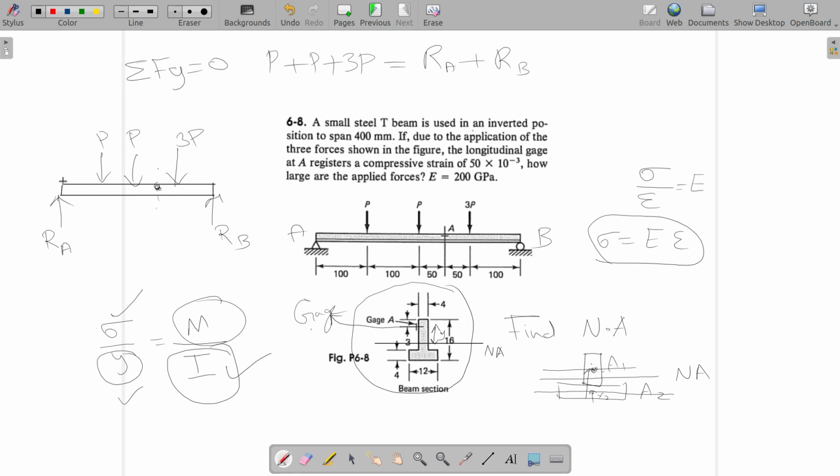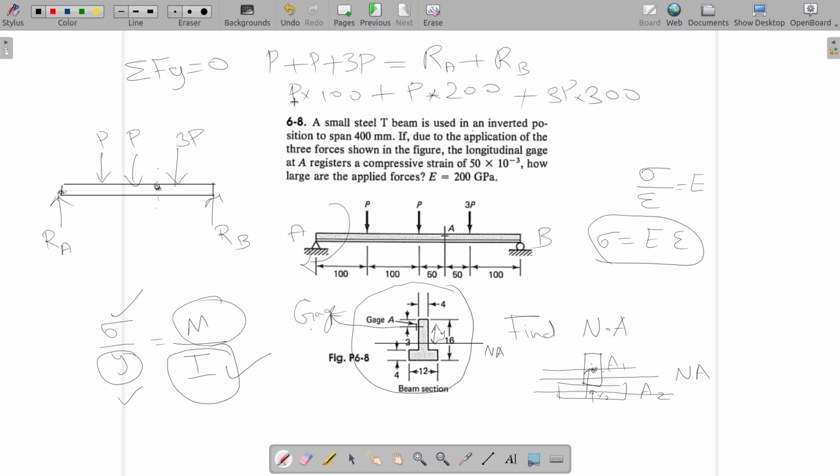And you can take moment about any point. For example, you can take moment about this point. So P multiplied by 100, plus another P multiplied by 200, that is the distance between line of action of P and the point about which we take moment, which is A. So P into 200 plus 3P multiplied by 300, and they are all in clockwise direction.